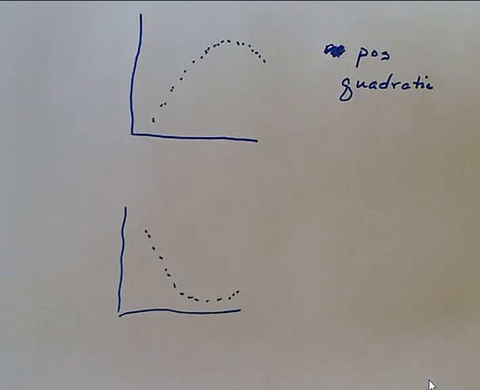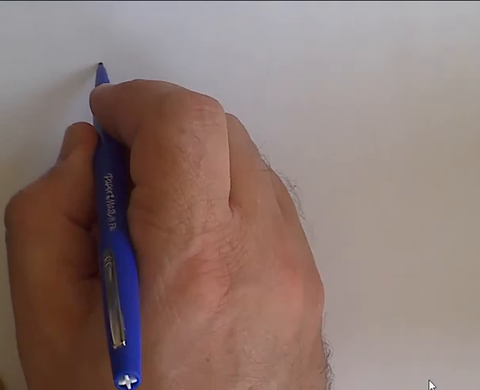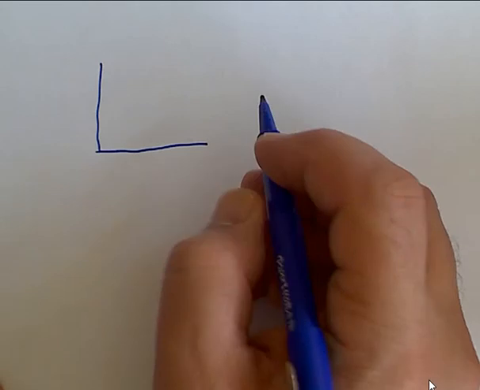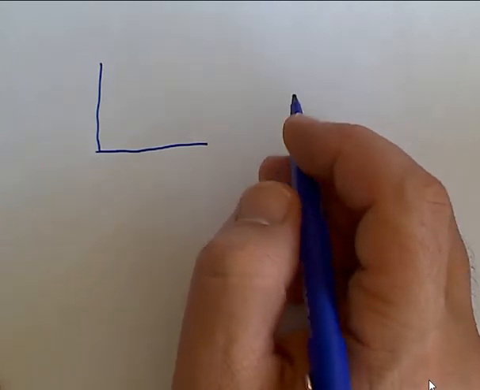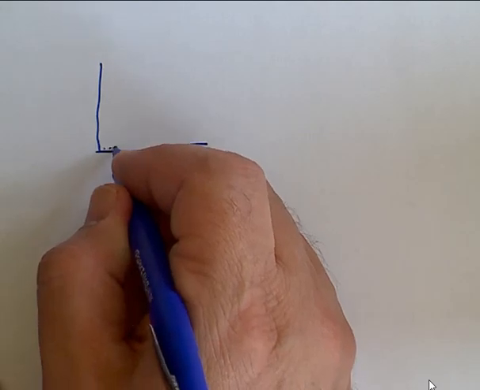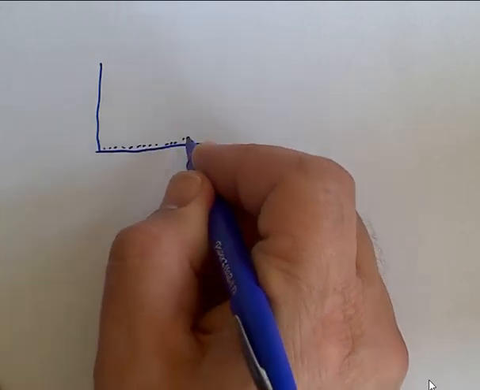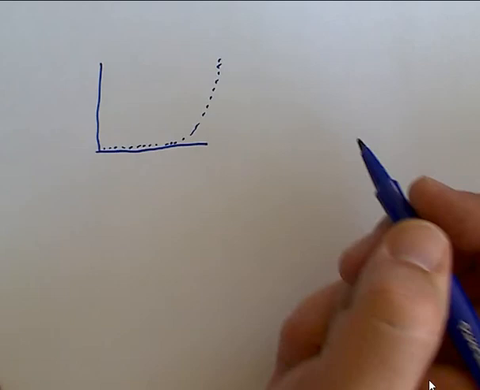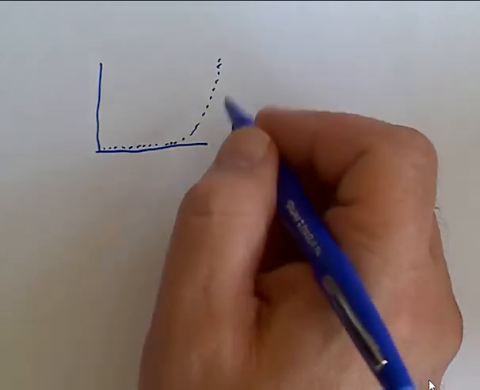Now, there's a couple that are similar to this, though, that we have to be careful about. So if we know the graph does this, this time I'm going to have the graph go like this. You can see it starts low and then shoots up.